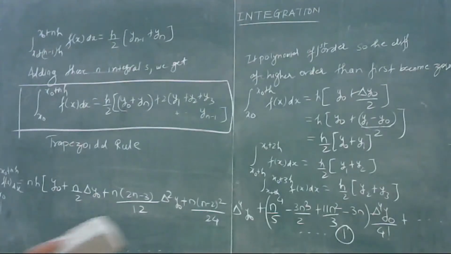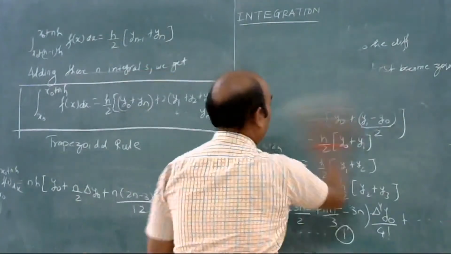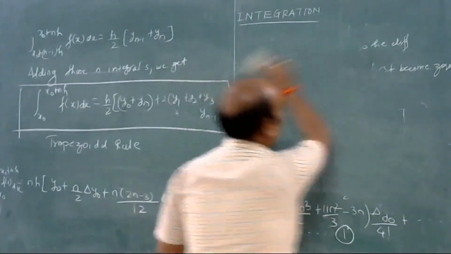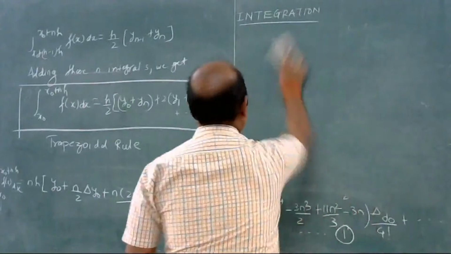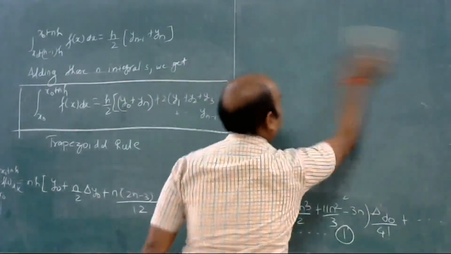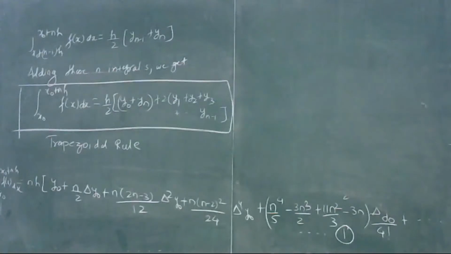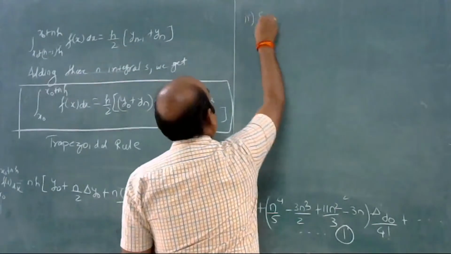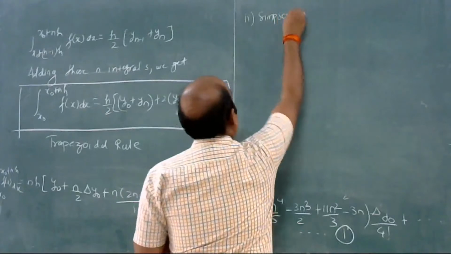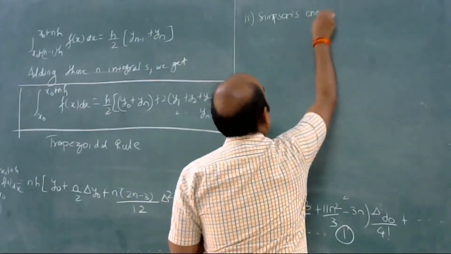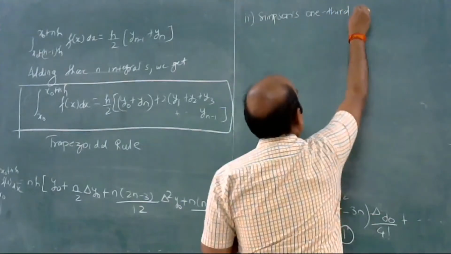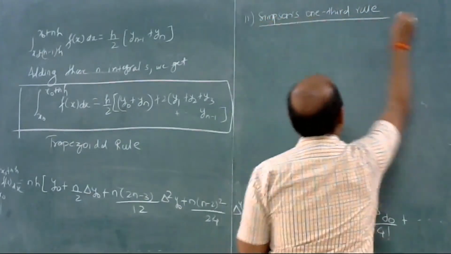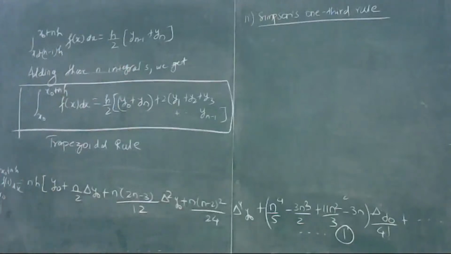Next, we will derive the next formula, that is, putting n equal to 2. So the next formula is Simpson's 1/3 rule.